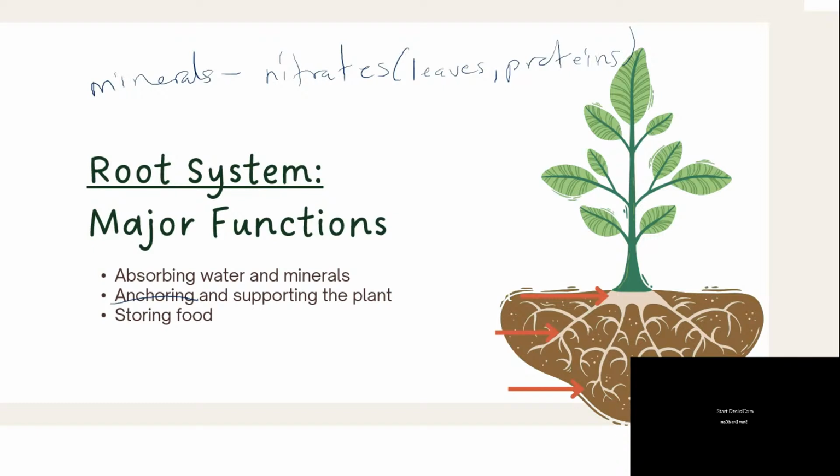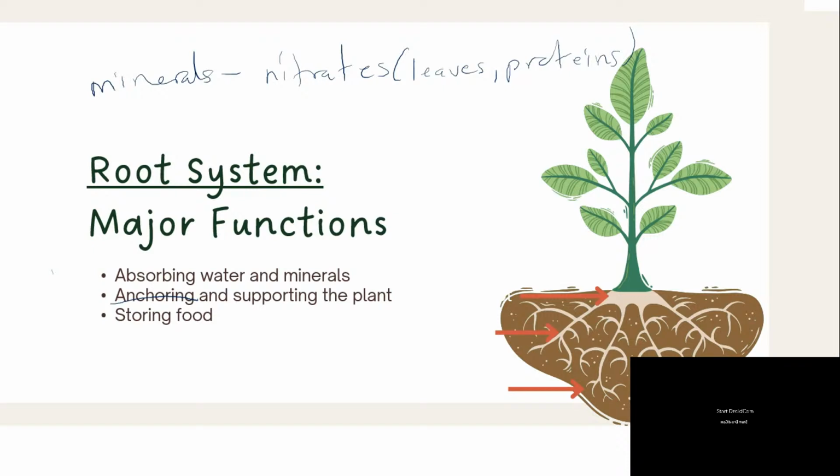Another thing is that the roots also help in storing food. That's very important, right? So, how do roots store food? For example, the food which is produced by the leaves is stored in the roots.